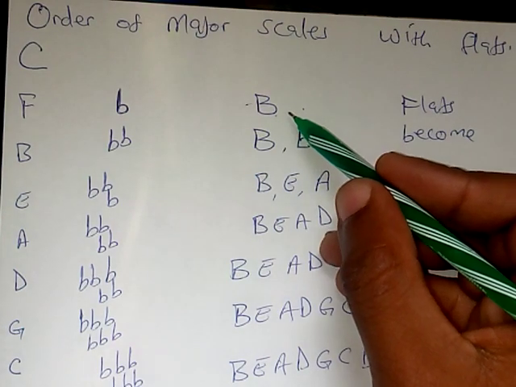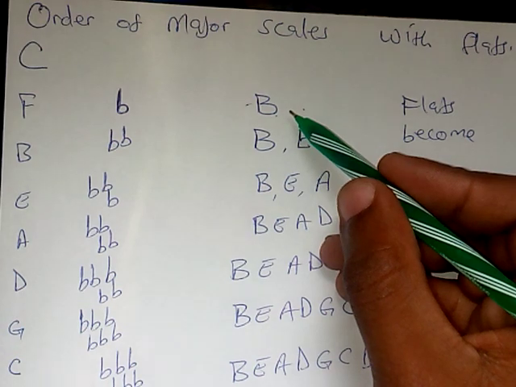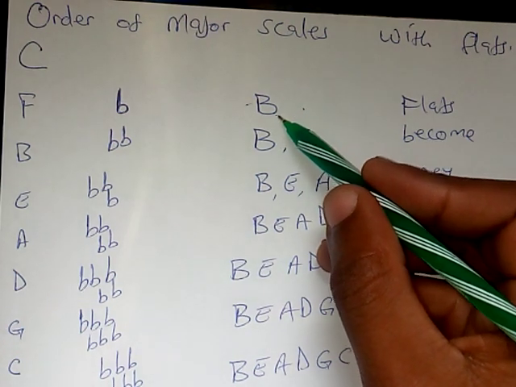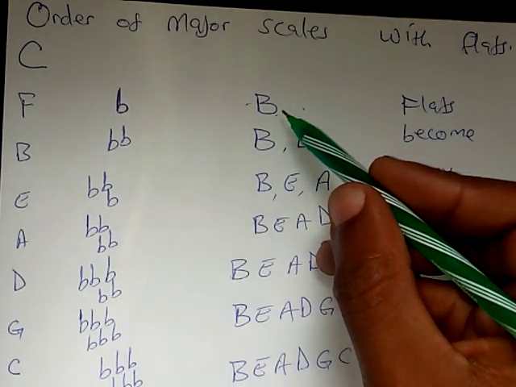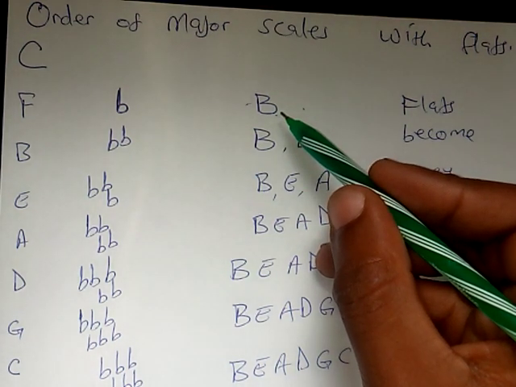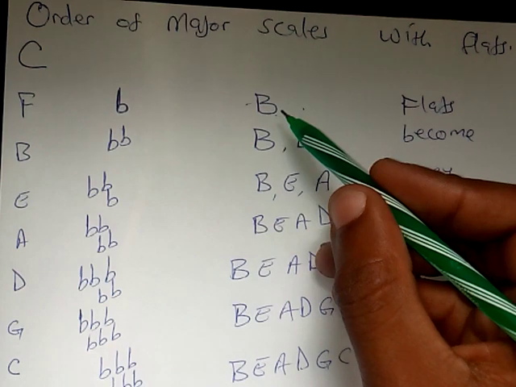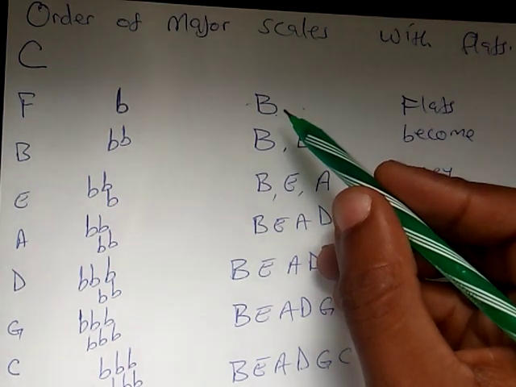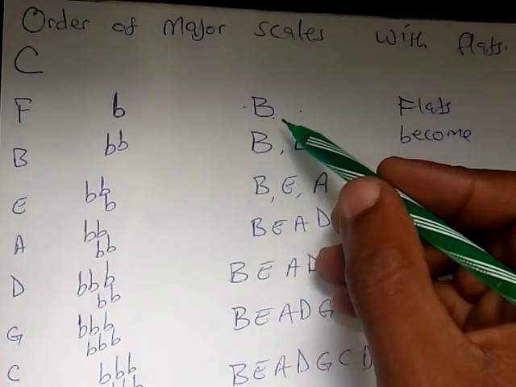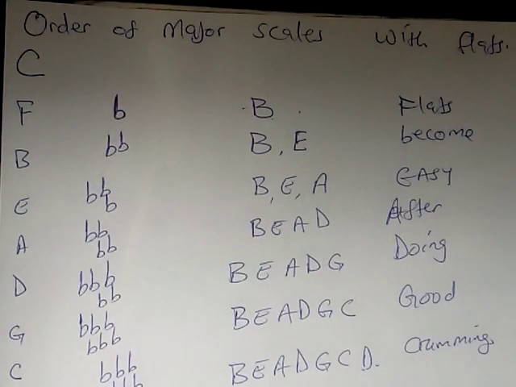For this F, which has one flat, that is B flat, it is also known as F major. It is the only major scale which has a flat. So the representation will be one flat and others follow as shown on the screen.